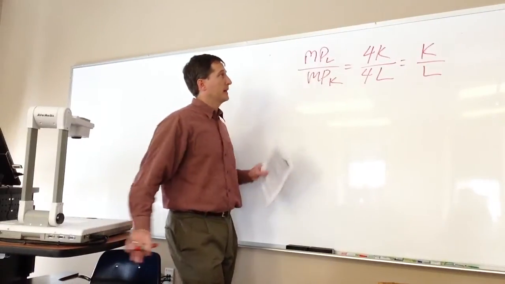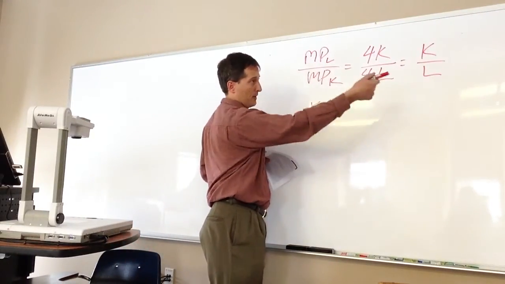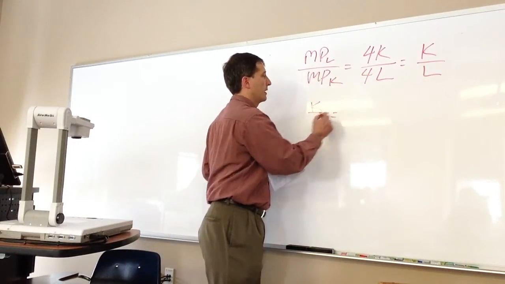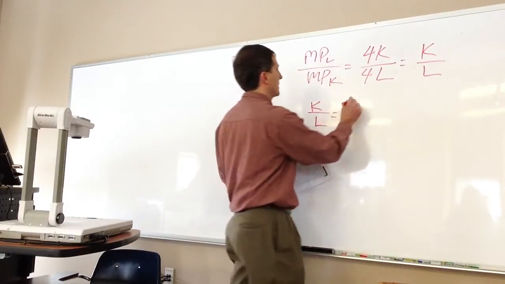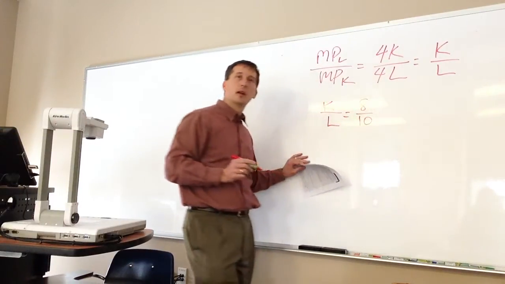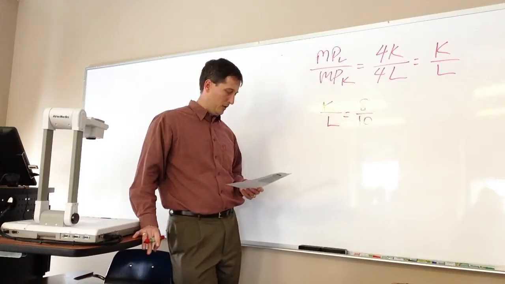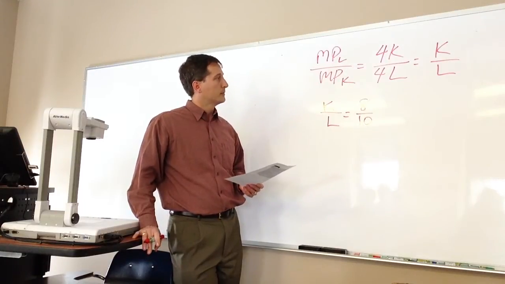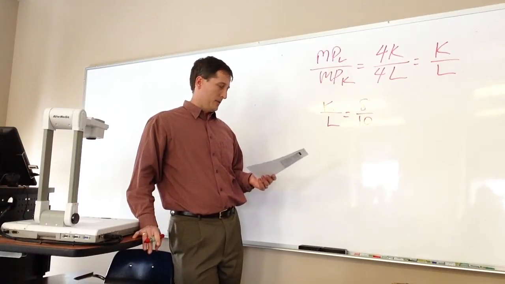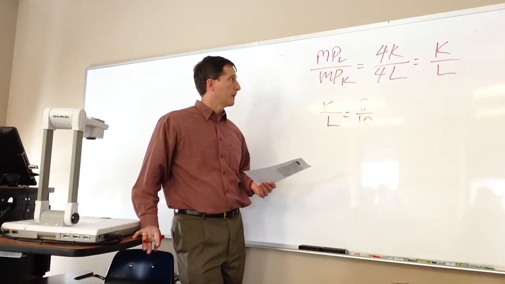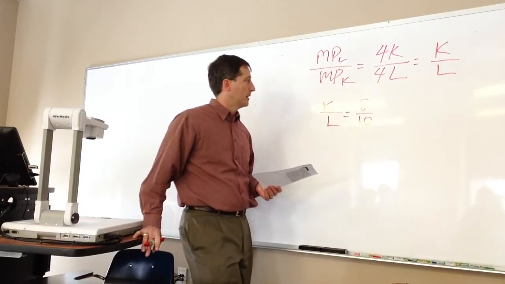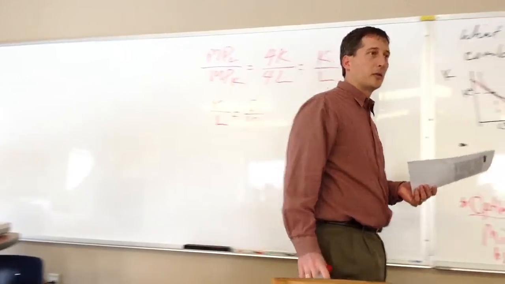So yeah, start plugging in the numbers. So right now we've got, following our first order condition over there, we've got K over L equals 8 over 10. So where do you go from here?